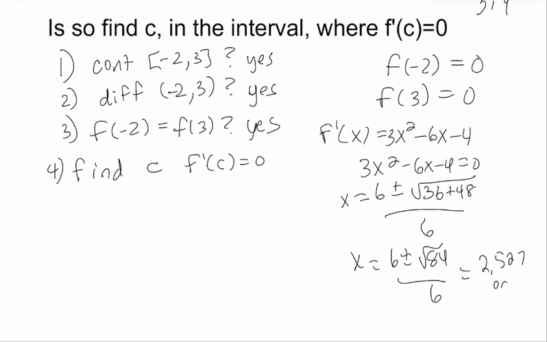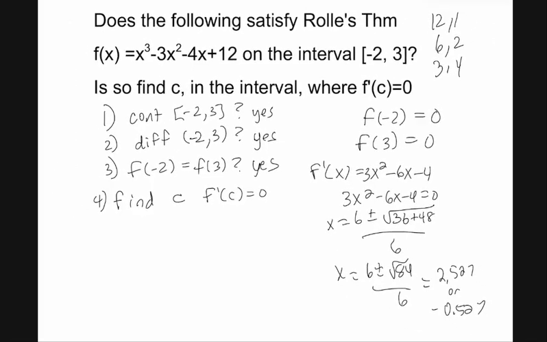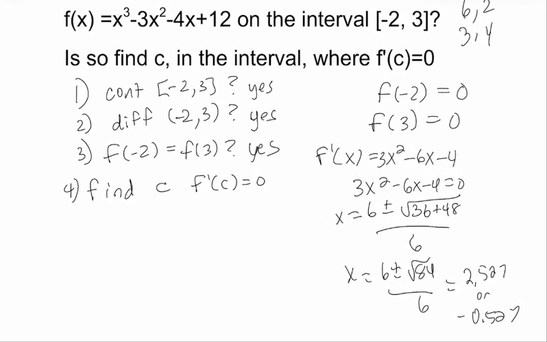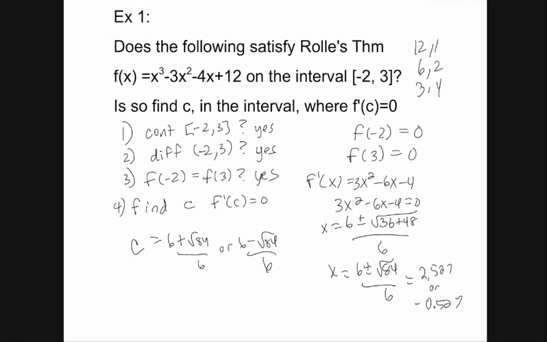If we do a minus and then divide by 6, we get negative 0.527. Okay, so we need a c value in the interval. 2.527 is in the interval. Negative 0.527 is in the interval. So c could equal either 6 plus the square root of 84 over 6 or 6 minus the square root of 84 over 6.